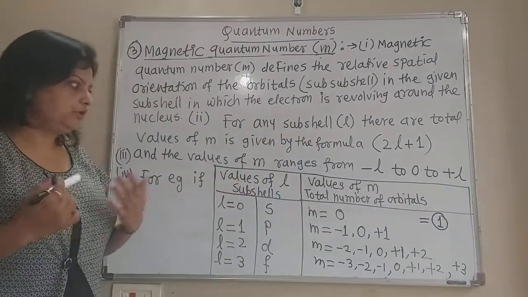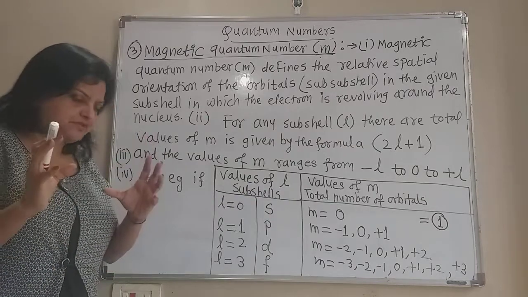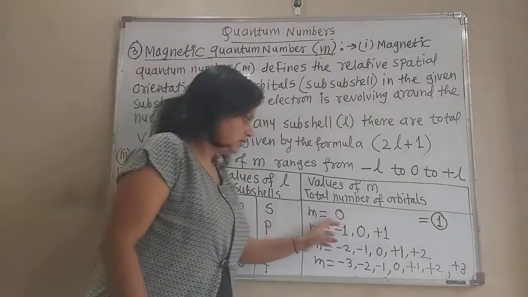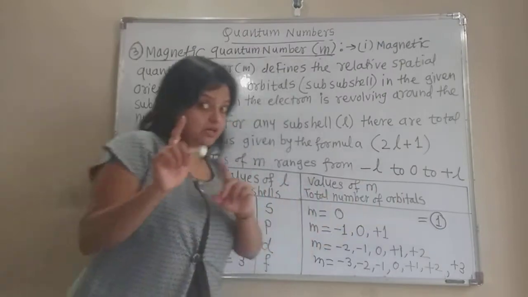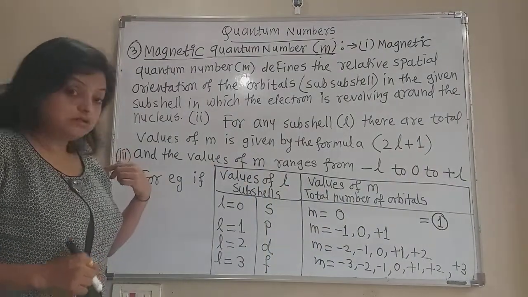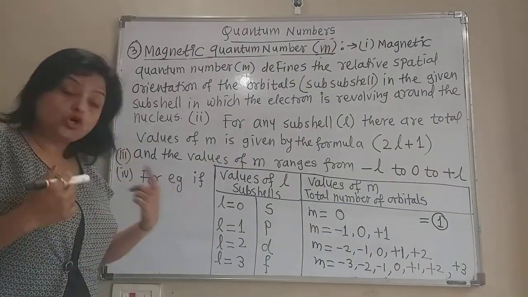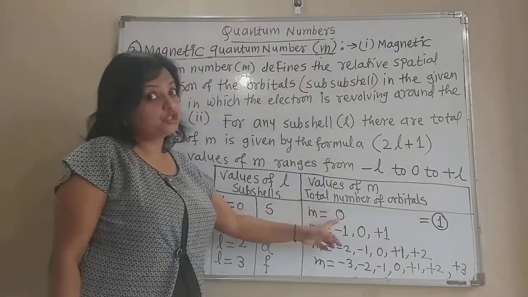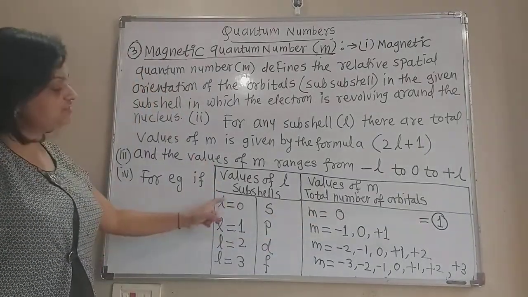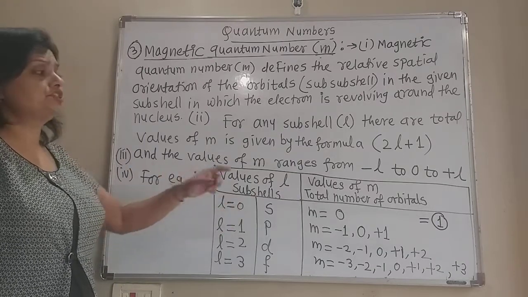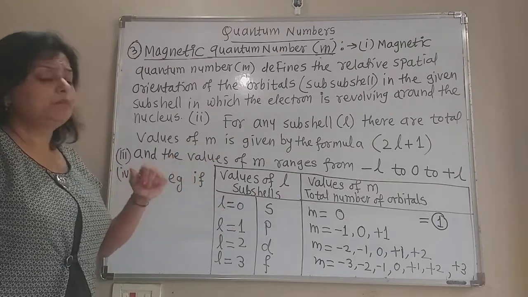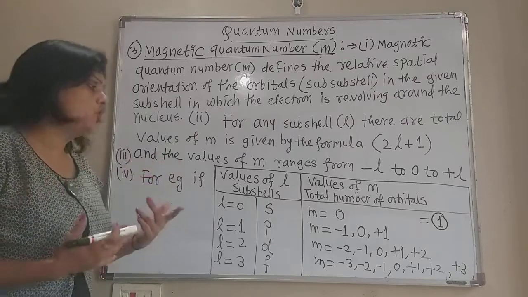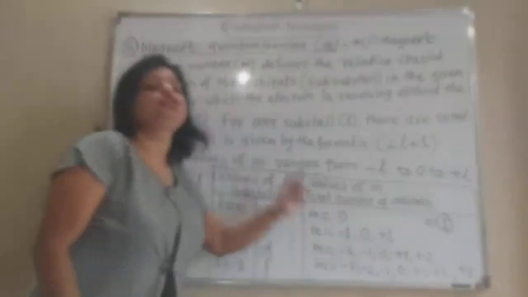Do you understand? The number of orbitals is 1, but that orbital has the magnetic quantum number value 0, because L is equal to 0 and the values range from minus L, 0 to plus L, so m is also 0.